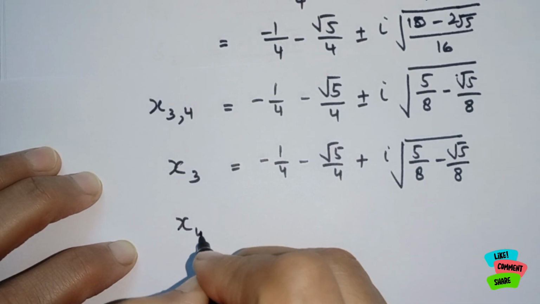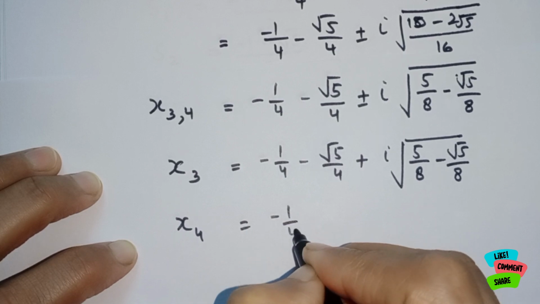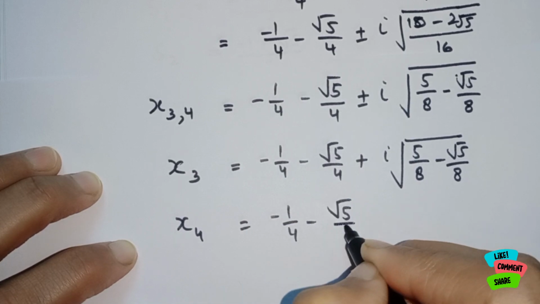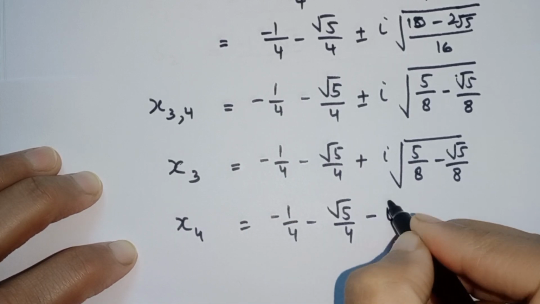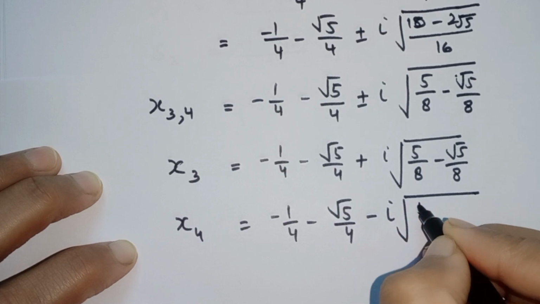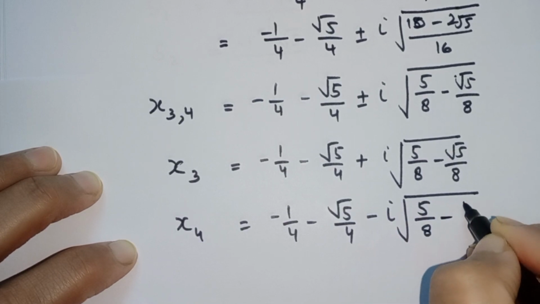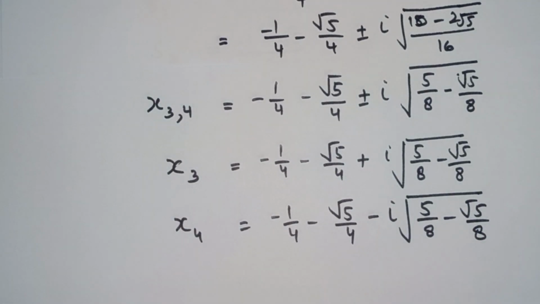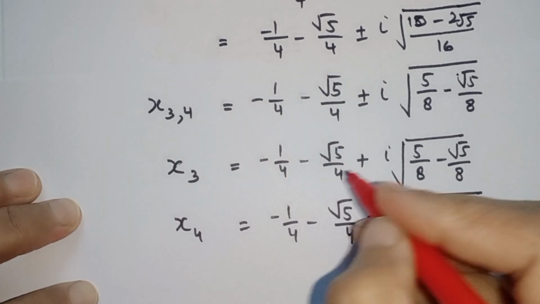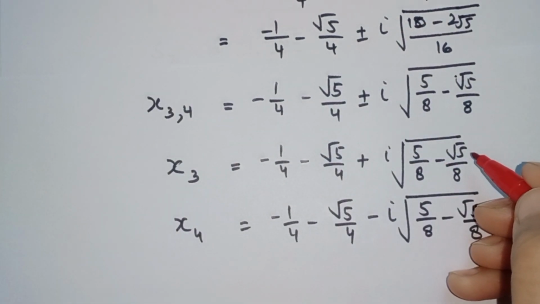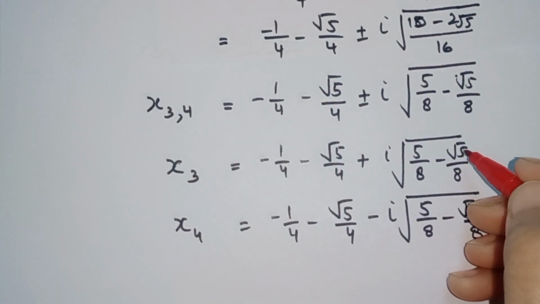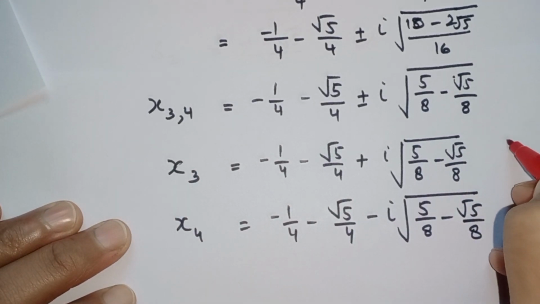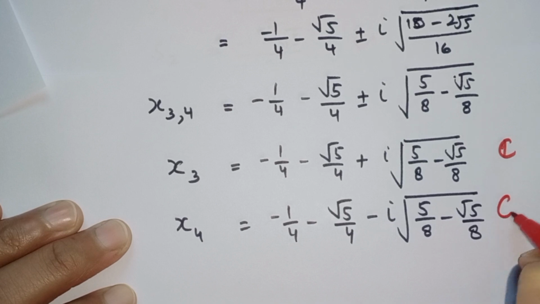For x4 we have minus 1 over 4 minus square root 5 over 4 minus i square root 5 over 8 minus square root 5 over 8. So these two are also the roots, x third and x fourth, and these two roots are complex roots. We have seen that our previous roots were also complex roots. So this is complex and this is also complex.